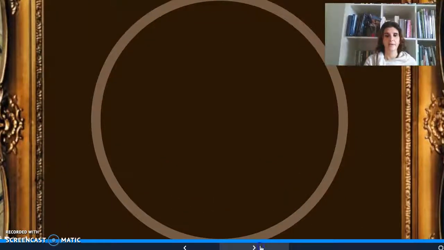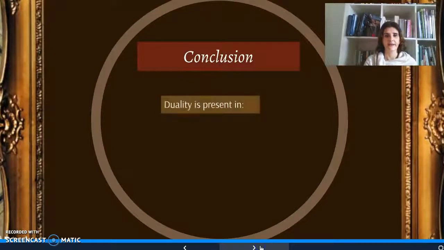So, in brief, we can say that duality, which is the main theme, is present in the novel in the form of language, because both Dr. Jekyll and Mr. Hyde speak a different language.